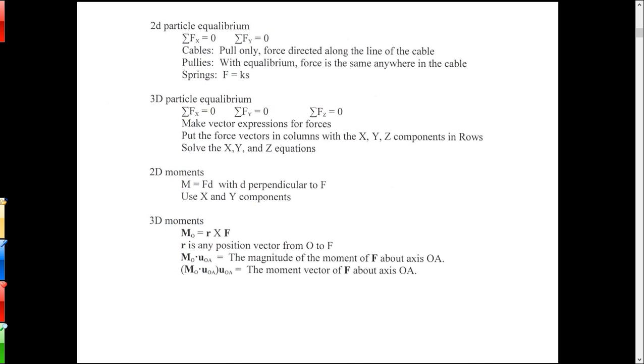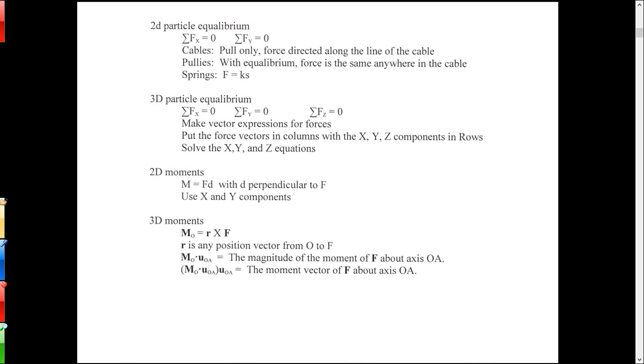And then problems 5 and 6 are what? You've got to find the compression in AC caused by FAB. How are you going to do that? What's the operation to get that done? Dot product, man. So you're going to do a dot.